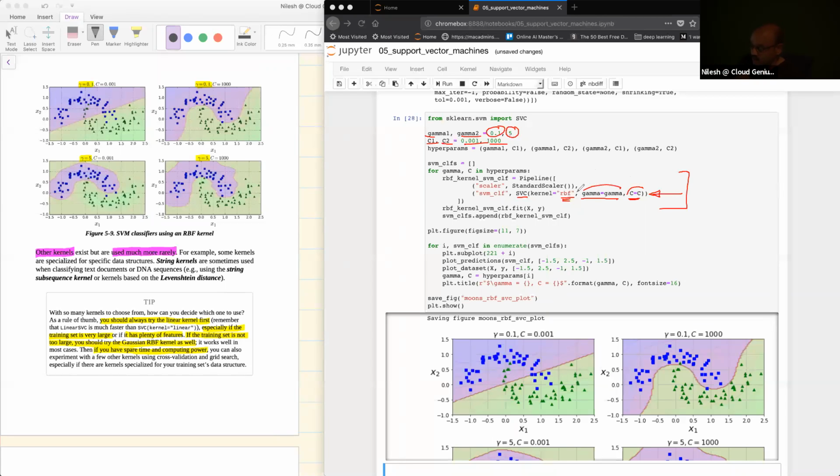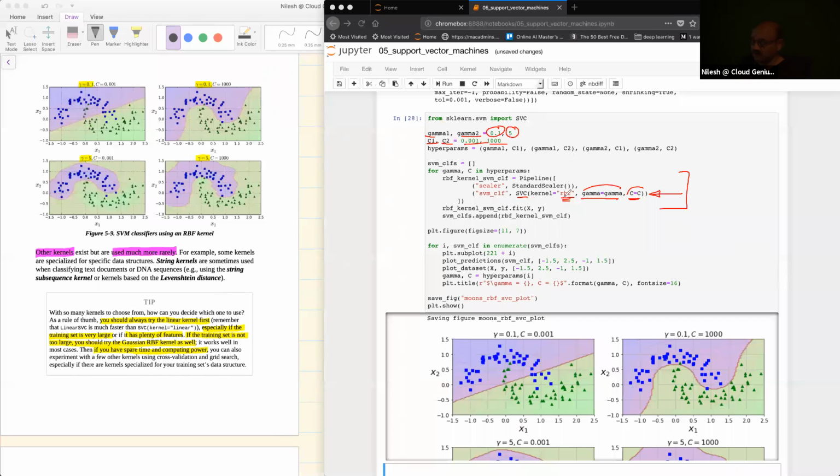Now, when your value of C is very, very low, which is a heavy amount of regularization, by the way, a low value of C means it is heavily regularized, which means the curviness or waviness of the lines that separate one class from the other will shrink.